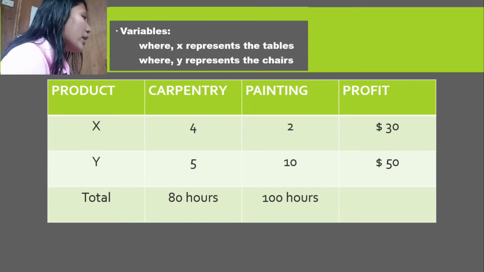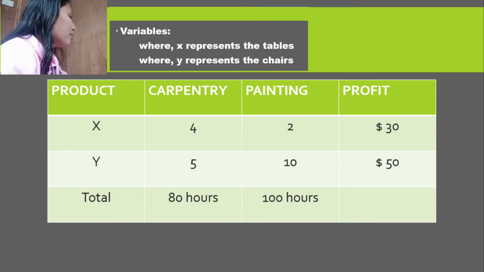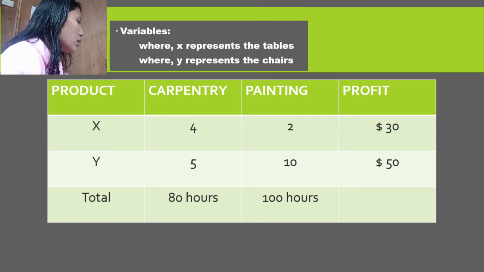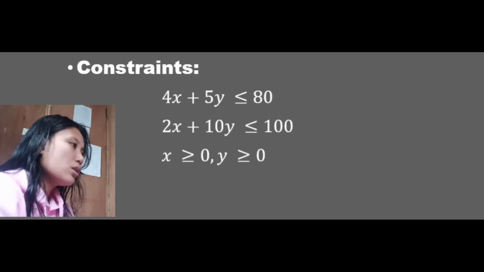And product Y requires 5 hours for carpentry and 10 hours for painting. The total available for carpentry is 80 hours, and the total available for painting is 100 hours. They make a profit for product X of $30, and for product Y of $50. We are done with the table, so let's proceed to the constraints.